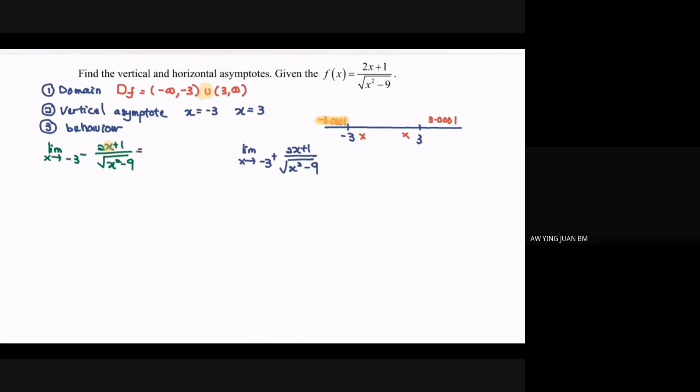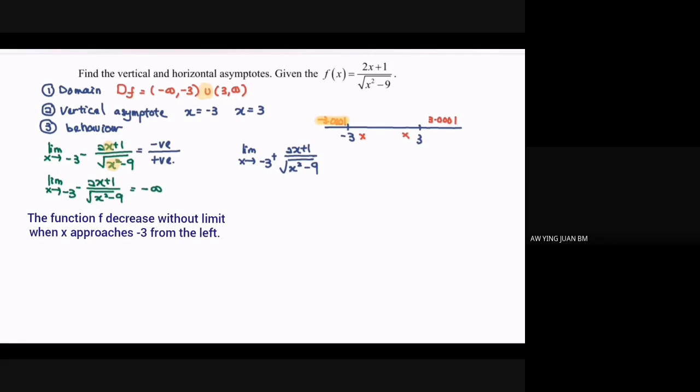So we will have a negative value for the numerator, and for the denominator, negative 3.0001 squared, we will have a value which is more than 9. A value which is more than 9 minus 9, we will obtain a positive value. So as a conclusion, the limit when x approaches negative 3 from the left for the function gives negative infinity, meaning that the function f decreases without limit when x approaches negative 3 from the left.